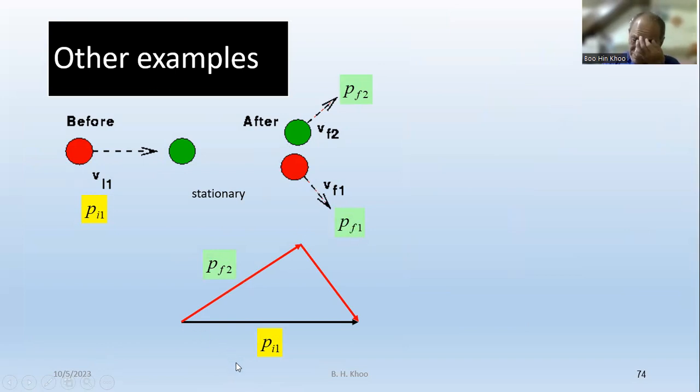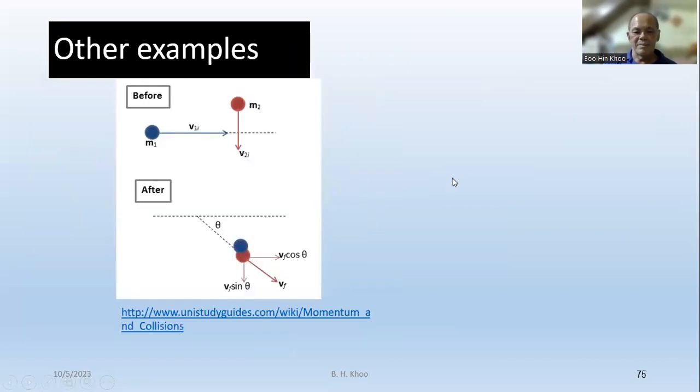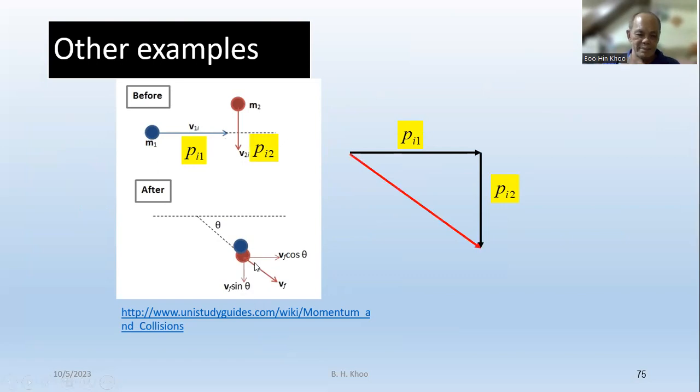It doesn't matter which vector we start with. We can add it anyway if we want. Either start with this one or start with this one. Or it can be this example. There's the initial momentum, add them up, and then there's the final momentum.